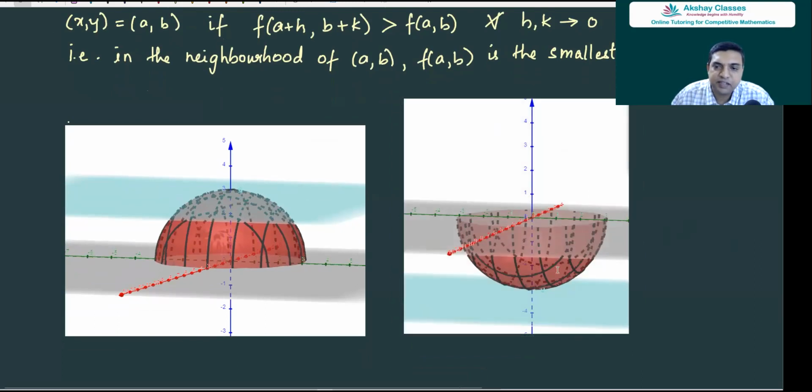So this is the point of maximum, point of minimum. Now, we should be careful that sometimes you get something called a saddle point. Let us check this.